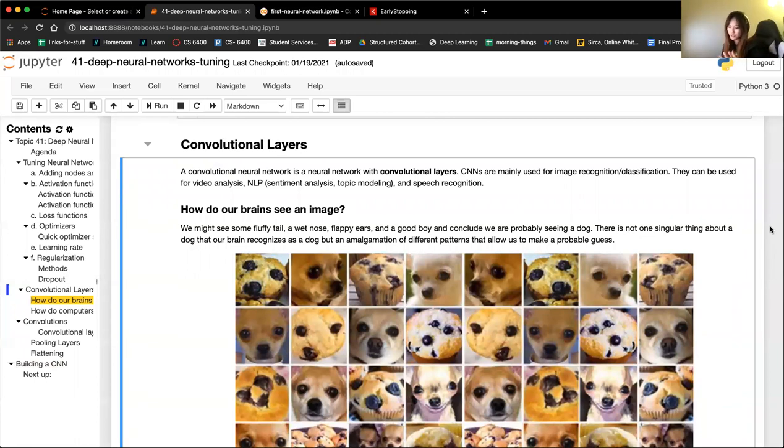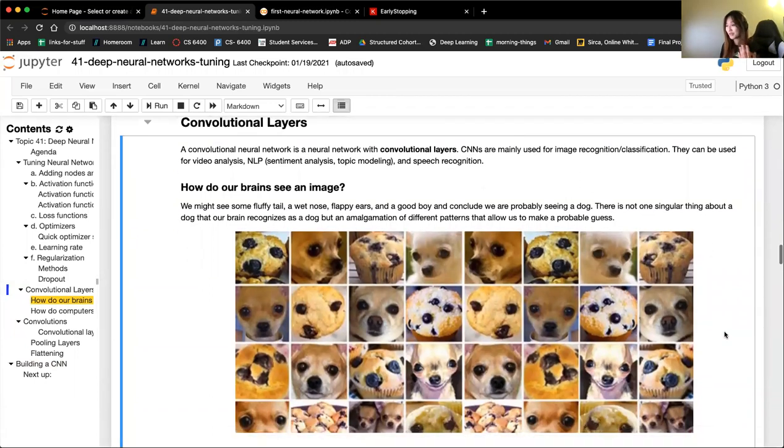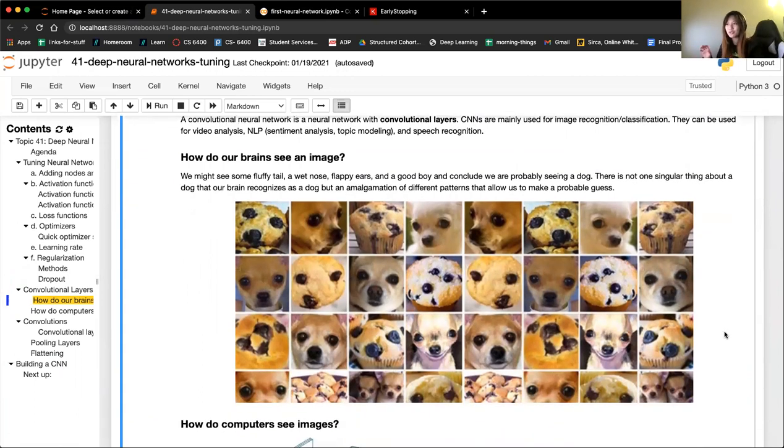Before we get into using convolutional layers, let's get into a bit of the theory and the motivation behind convolutions. First, we have to think about how our brains versus computers see an image. Again, I am no biologist, but I'm sure some of you have seen images like this where it's ambiguous and trips you up, where this could either be a muffin or a dog.